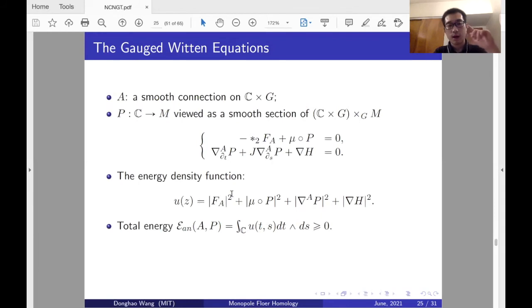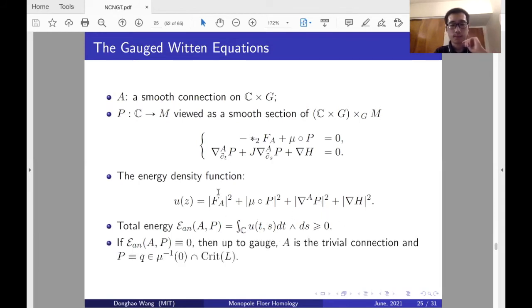This will imply all these 4 terms are identically 0. In particular, the curvature vanishes, so our connection is flat. So up to gauge, A is the trivial connection, and this smooth map P is constant, taking value in the fiber of the moment map and the critical locus of the superpotential. So the trivial solution has a very concrete geometric meaning.